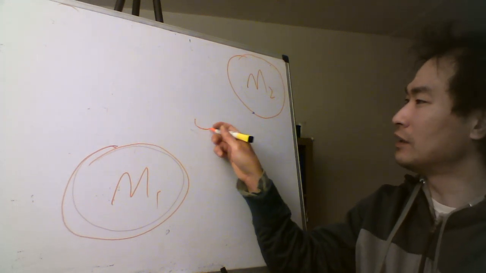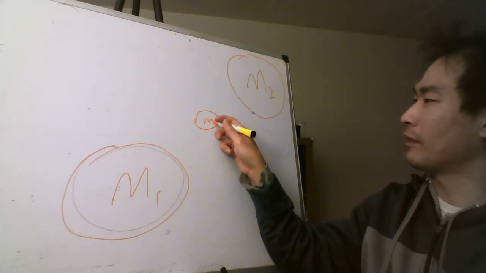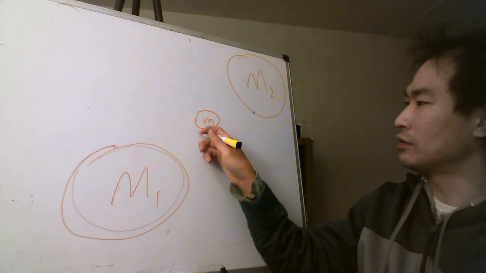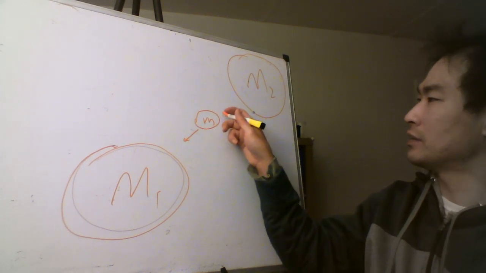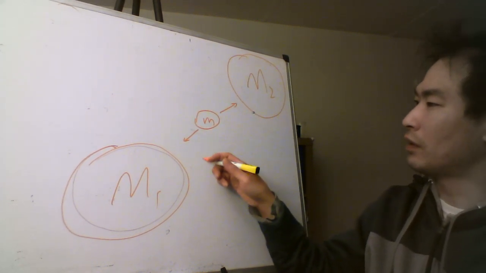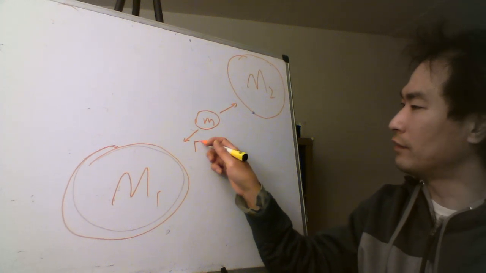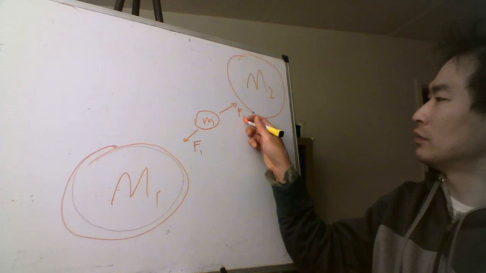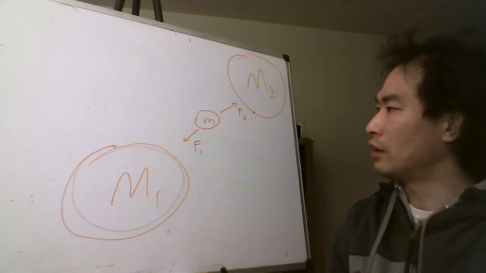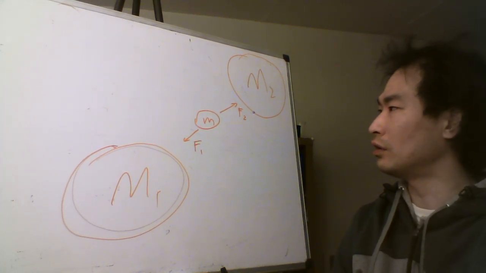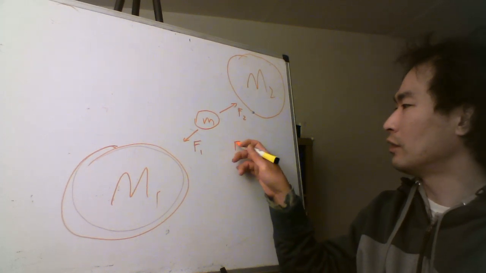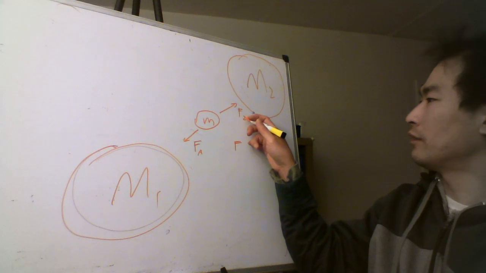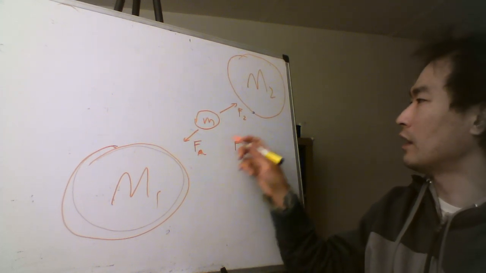Anyway, initial positioning is this M. Okay. Now you have two vectors pulling in opposite direction. So F1 and F2. So here, let's say FA and FB, okay?